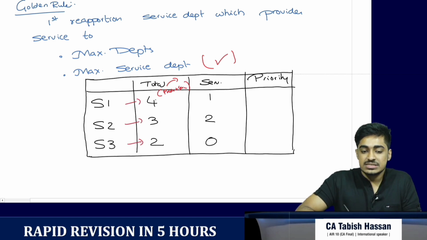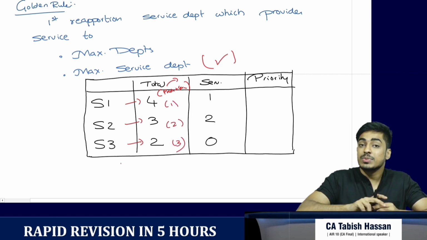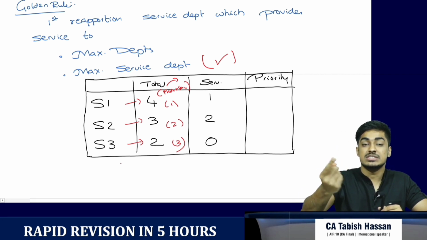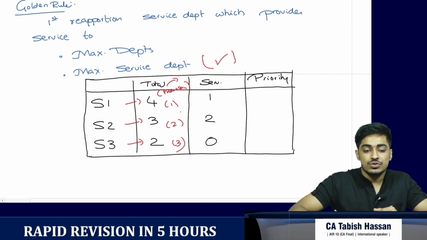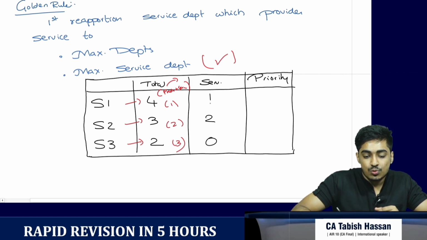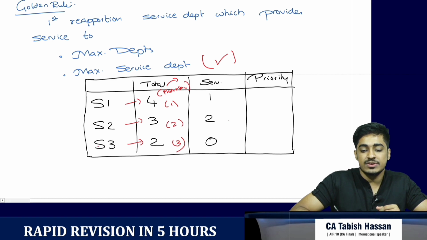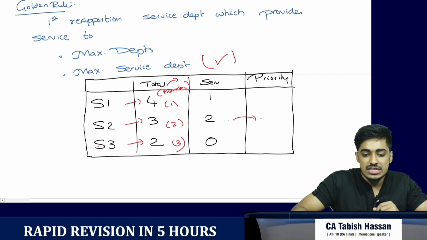If we rank on this, this is first, this is second, this is third. But we have to reapportion not based on the total departments, but based on the total service departments only. So say S1 is giving service to 1 service department, S2 is giving to 2 service departments, and S3 is giving to 0.